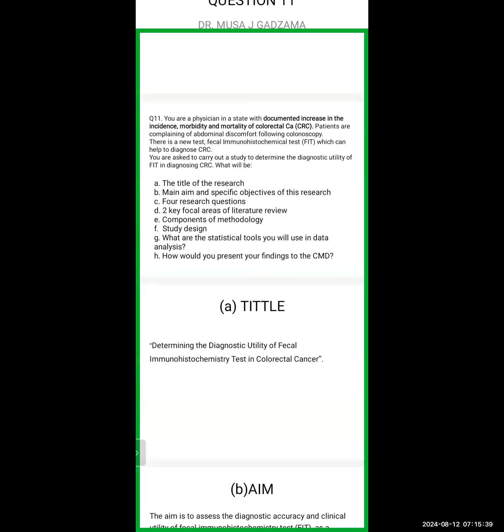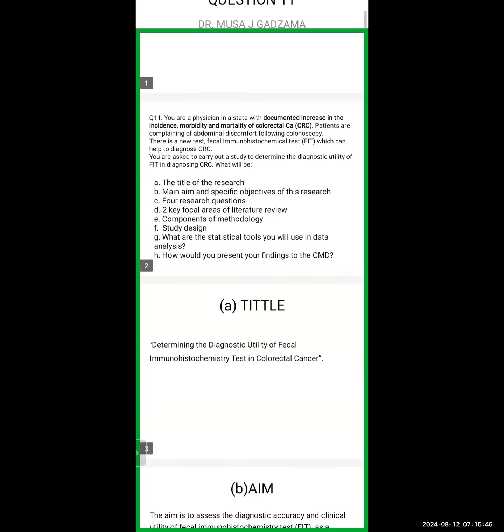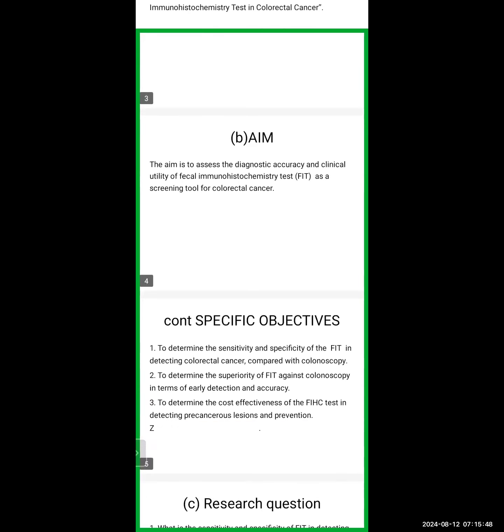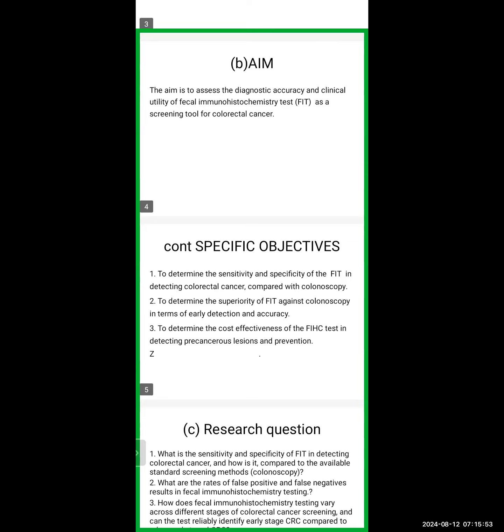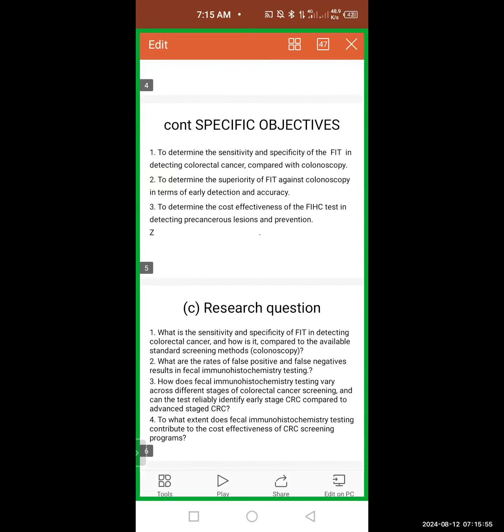Because the topic must be encompassing, so that if you're expanding your objectives, they will capture those key things, because you are trying to show the role of FIT in relation to colonoscopy. That is just my concern.